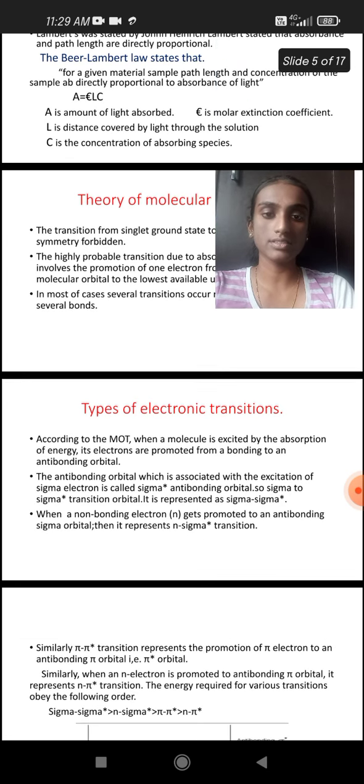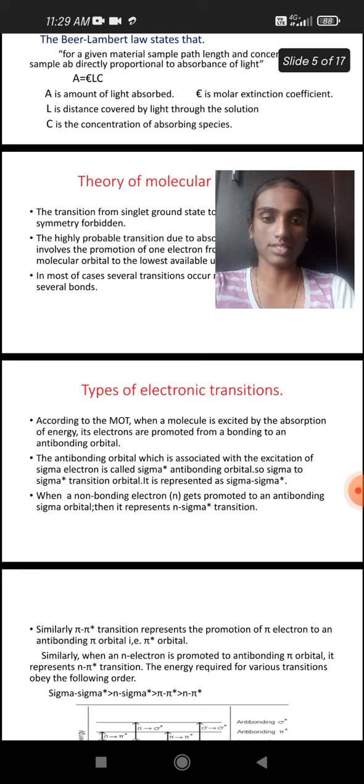The next one is types of electronic transitions. According to molecular orbital theory, when a molecule is excited by the absorption of energy, its electrons are promoted from bonding to antibonding orbitals.